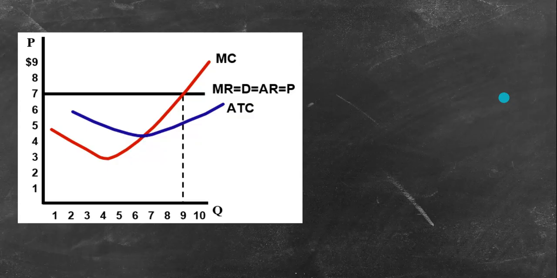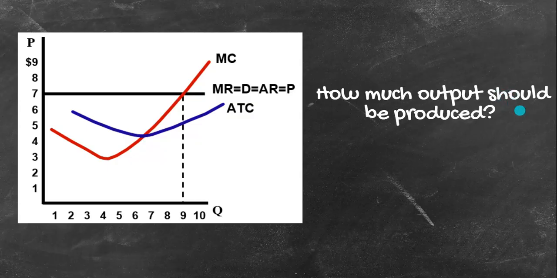Let's take a look at this graph. In a perfectly competitive firm, to figure out how much output should be produced, again, we look for where your MC intersects with your MR. In that case, that is right here. We have quantity on our x-axis and price up on our left vertical axis.